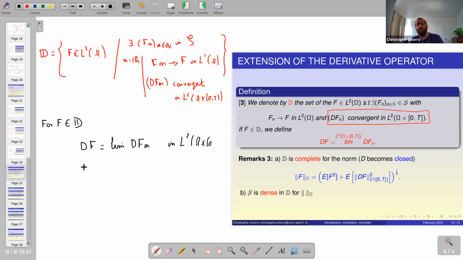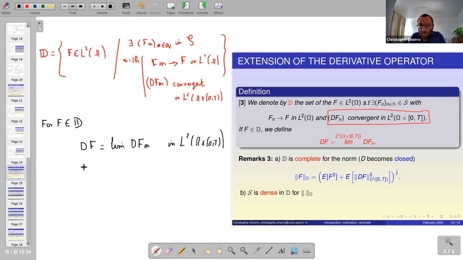And I have proved, using the previous proposition and the remark I made related to it, that here I have a definition that is not ambiguous. That is, this definition doesn't depend on the choice of the approximating sequence Fn.